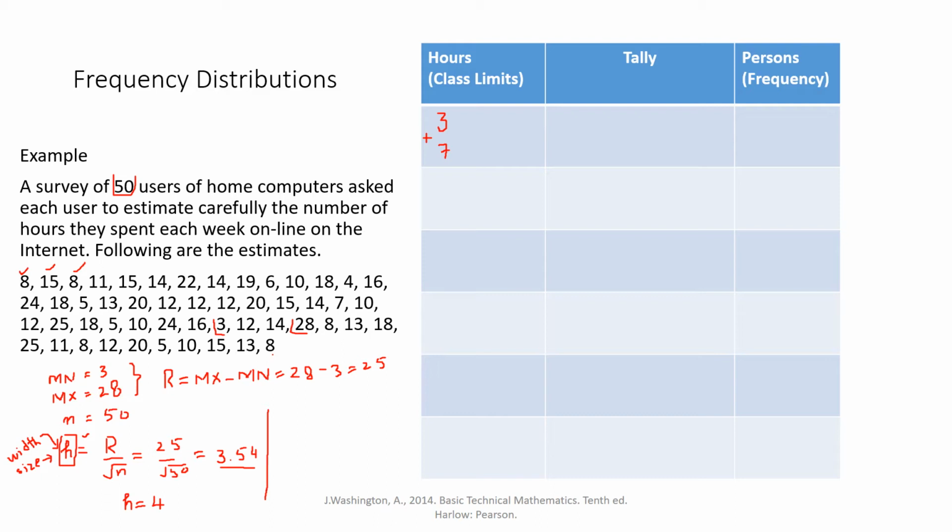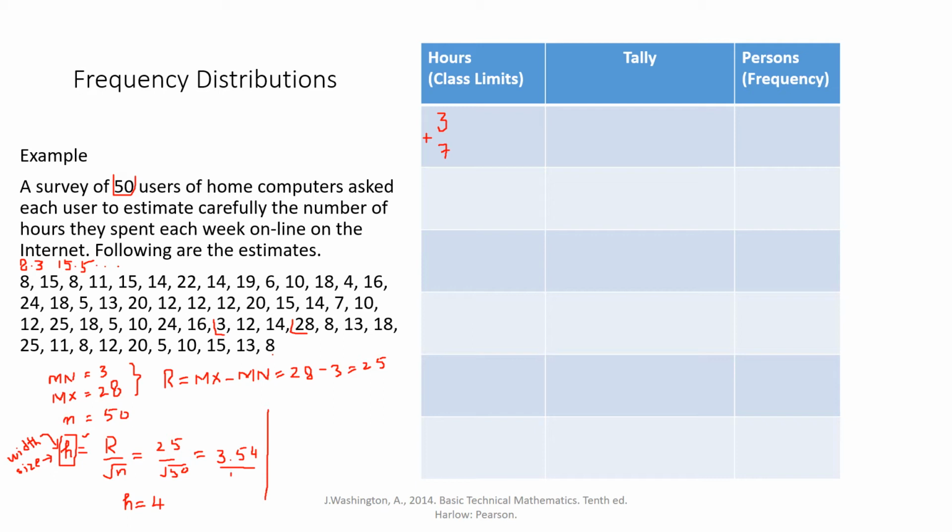Now here I will give you further explanation as well. Suppose the data include decimal numbers. For example, here we have 8.3, 15.5 suppose, and similarly all the data.